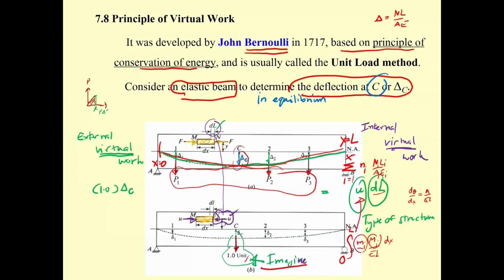Because for a structure that is in equilibrium, we imagine a 1.0 unit load put into that structure, and due to the linear elastic behavior, these two can be combined, which relates to the principle of superposition.